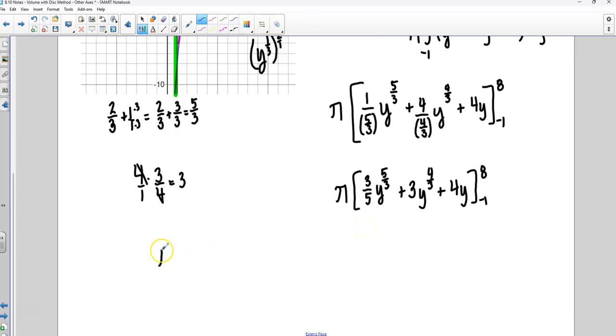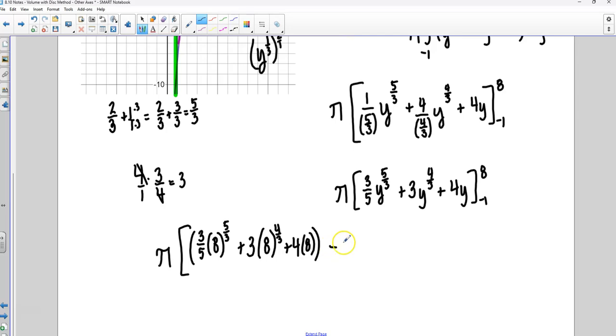So if this is a free response question, we're definitely not simplifying, but we do have to plug the numbers in. So we'll do 3/5 times 8 to the 5/3 plus 3 times 8 to the 4/3 plus 4 times 8, minus 3/5 times -1 to the 5/3 plus 3 times -1 to the 4/3 plus 4 times -1.